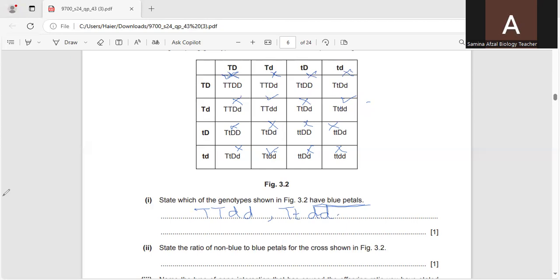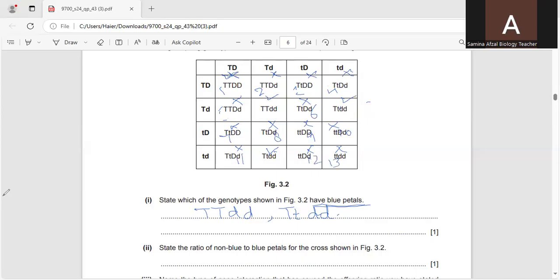State the ratio of the non-blue to blue petals. So in this cross, you can see that the number of genotypes which are producing the non-blue petals is greater in comparison to the blue petals. So we are going to count their number: 1, 2, 3, 4, 5, 6, 7, 8, 9, 10, 11, 12, and 13.